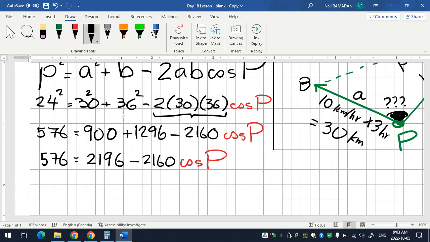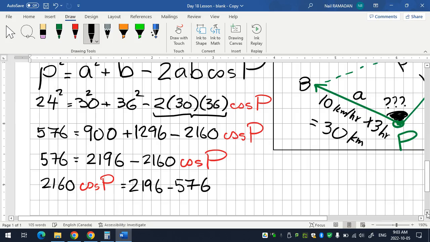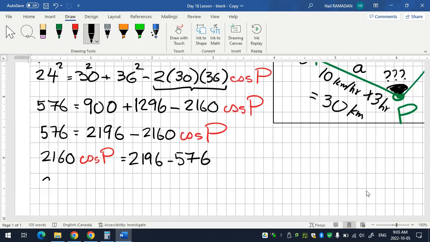So move this guy, move this guy. So 2160 cosine of t equals 2196 minus 576. So 2160 cosine of t.